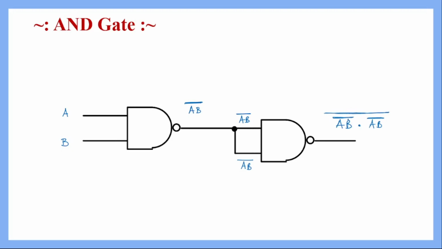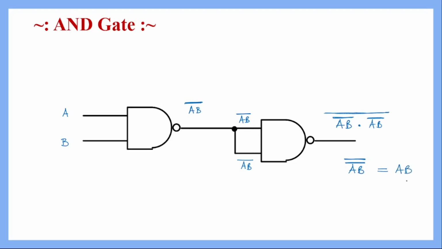Now if AB complement is taken as a single input and we are doing AND operation between two same inputs, as we saw in the previous example, it will finally be AB complement only. So one variable will vanish, and then we have this whole complement, so we will have the second complement on that. And we know when we have double complements, they cancel each other, so it will finally be AB only.